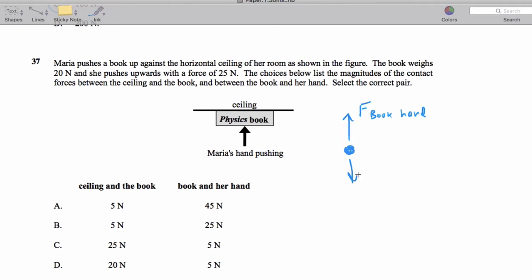Then I've got the weight of the book. Lastly, I've got a downward force, the force on the book from the ceiling. So let's add all these up. The book hand force, we're told, is 25. The weight of the book is 20. To balance, this has to be 5.